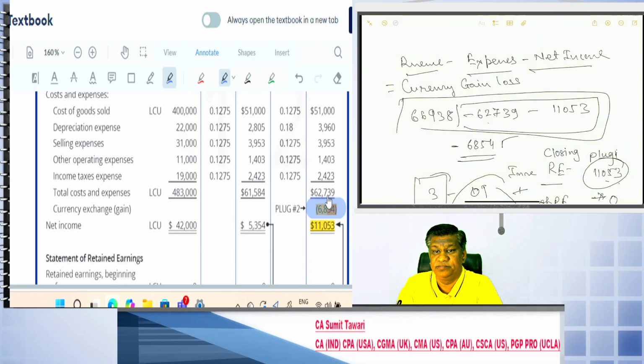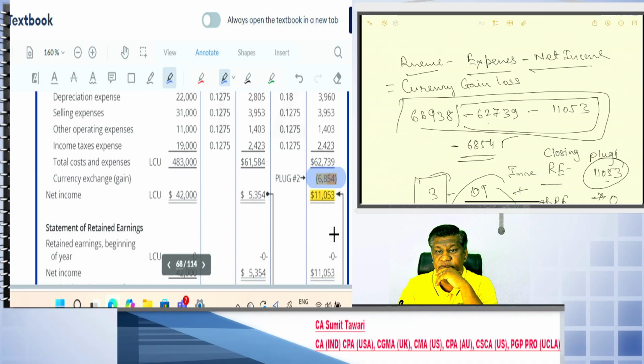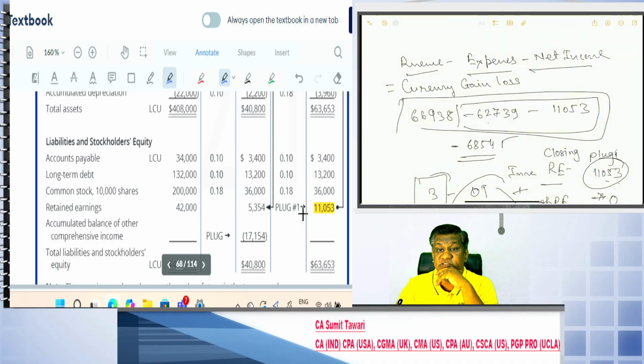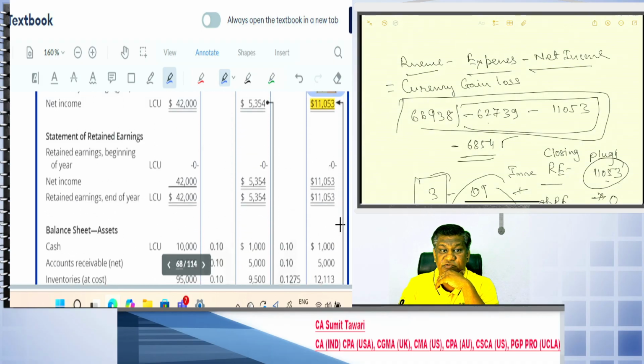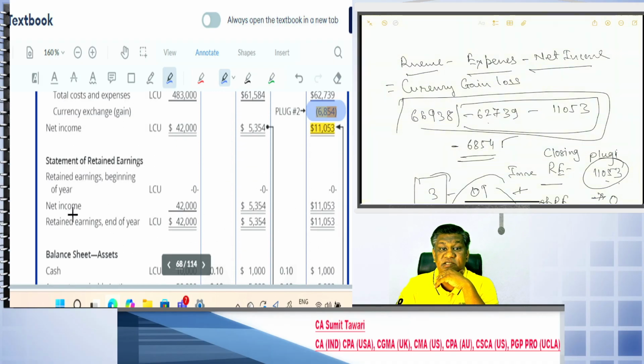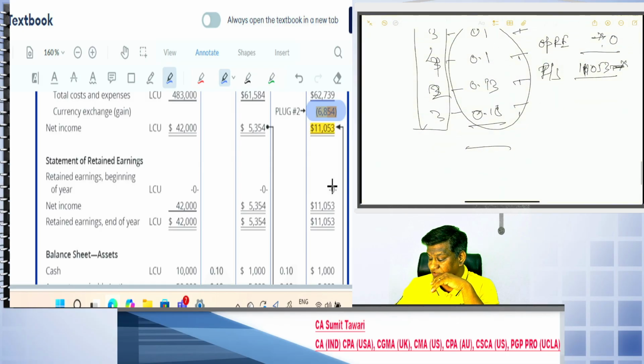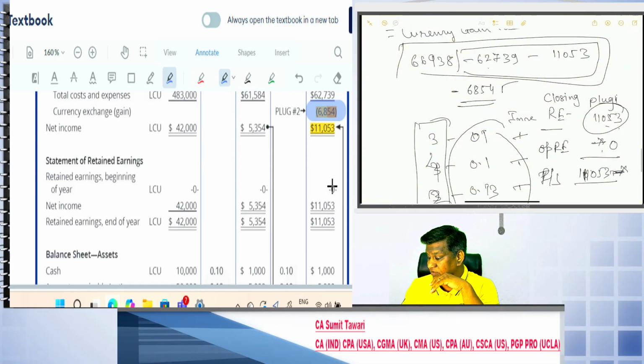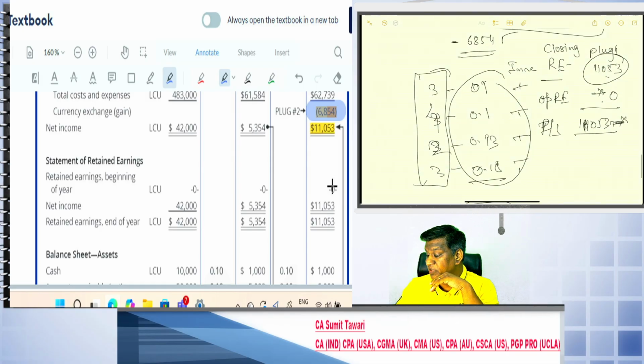Any doubts? Regarding the net income for the remeasurement method, the 11053, we can also see it in the retained earnings statement as well. Correct. In retained earnings, as I said, the opening balance is 0, and I got the closing balance.